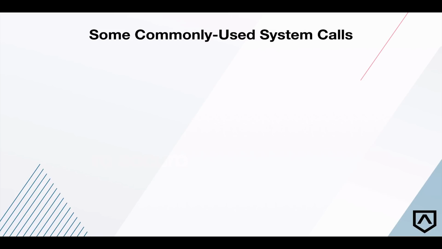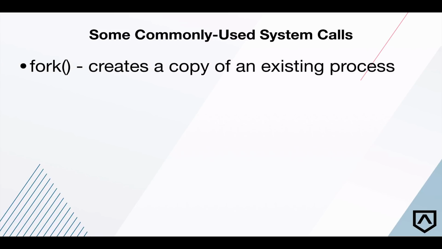Anyways, let's leave it off with quickly going over some commonly used system calls. One of the first ones is this system call called fork, which is the system call we use when we want to basically create a new process.